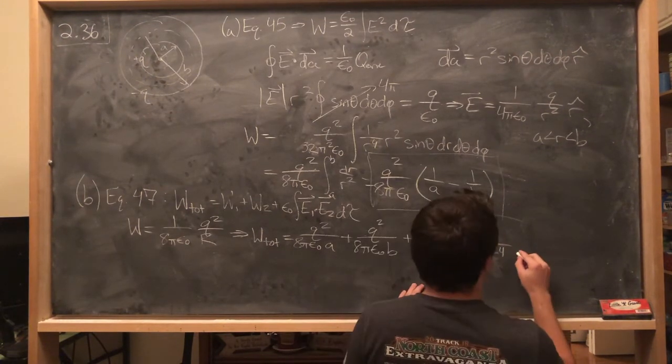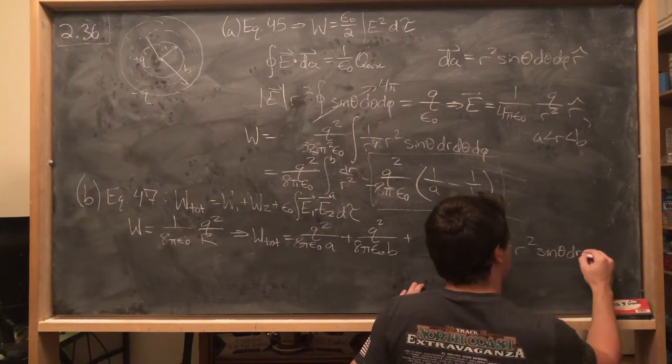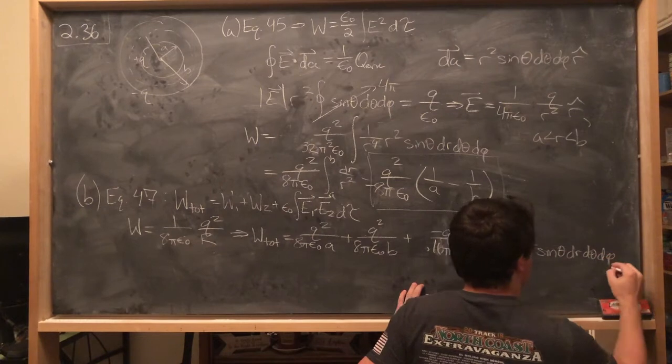And then again, our volume element in spherical coordinates is r squared sine theta dr d theta d phi.